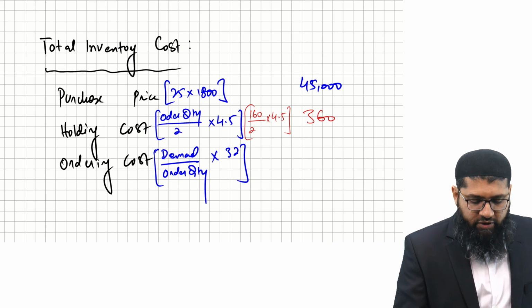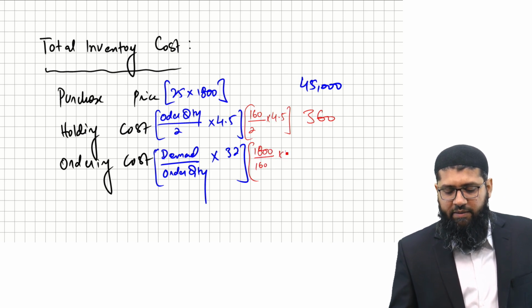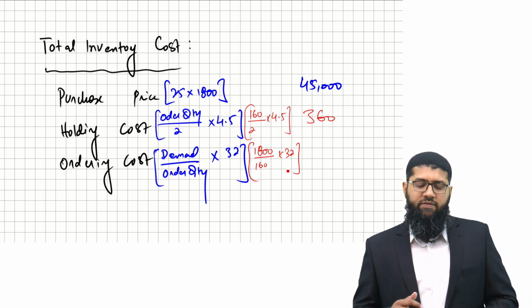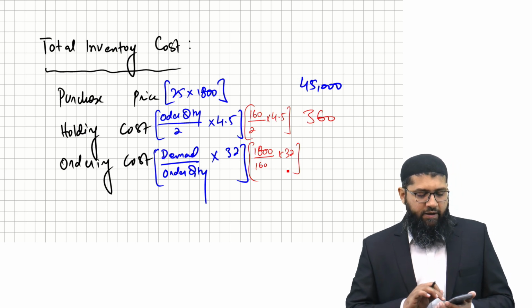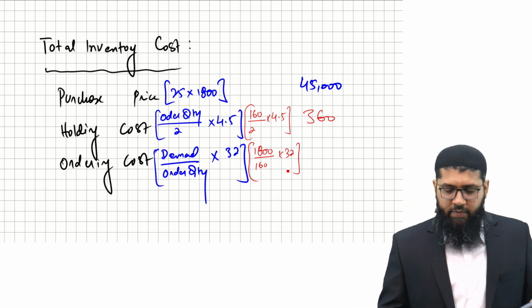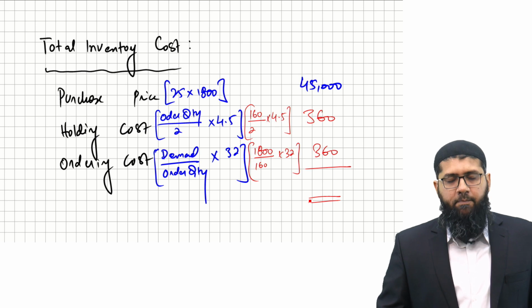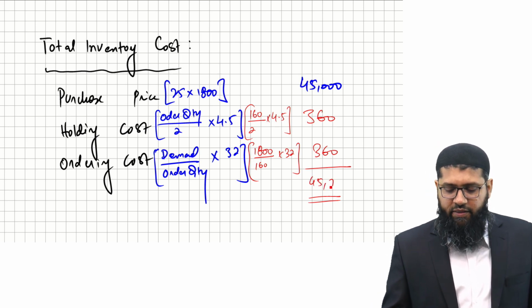So it is the annual demand of 1800 divided by 160 multiplied by 32. Because 1800 divided by 160 gives you the number of orders. So 1800 divided by 160 multiplied by 32 is going to be 360 again. So what we have got is 45,720.